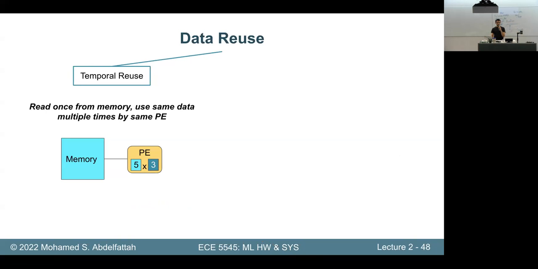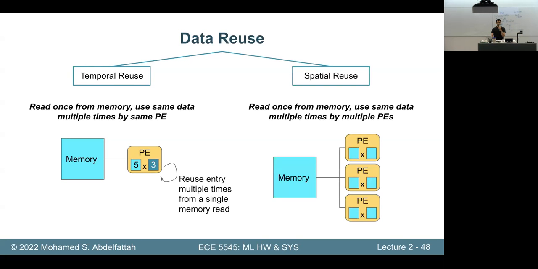And so basically what I'm doing is, I'm reusing this entry multiple times from a single memory read. And that means I only pay for a single memory read, but I use it for a bunch of computations, which balances the energy overhead for memory and compute a bit.